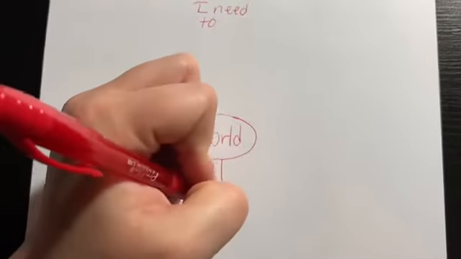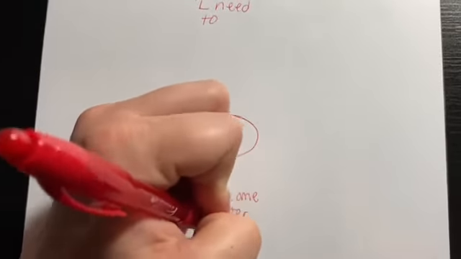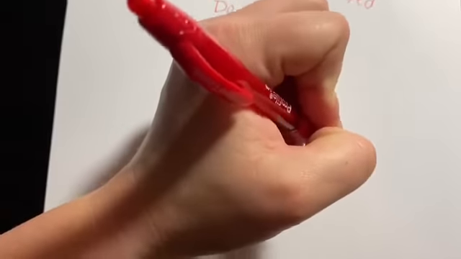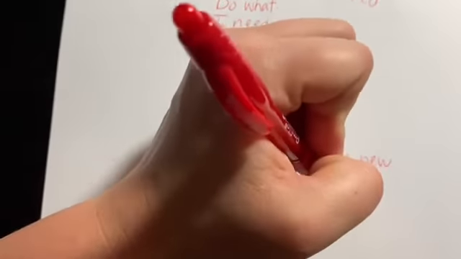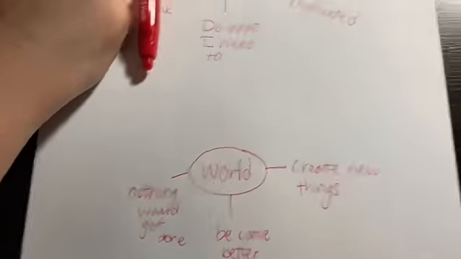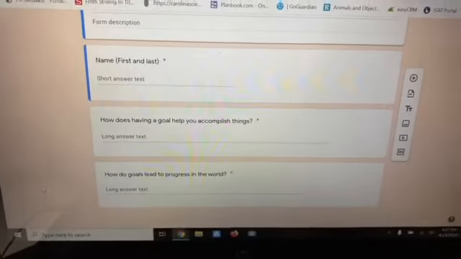Goals help us become better as a society. And goals are really cool because they also help us to create new things. There's some other things that I'm sure you can think of and put in your writing about how goals lead to progress in the world.